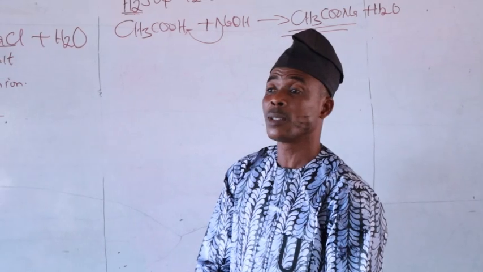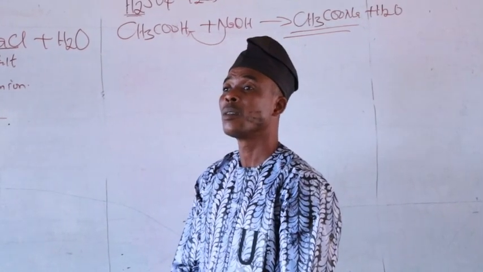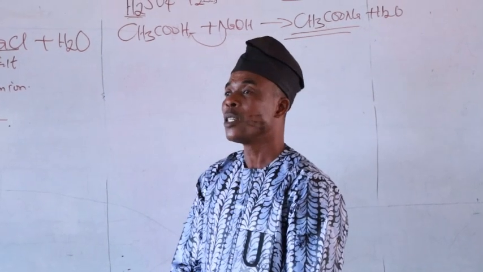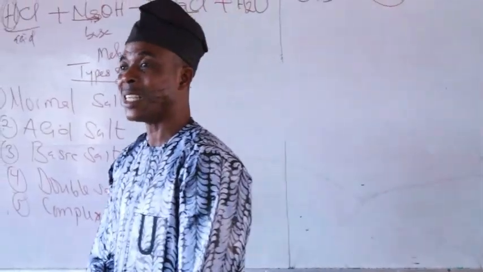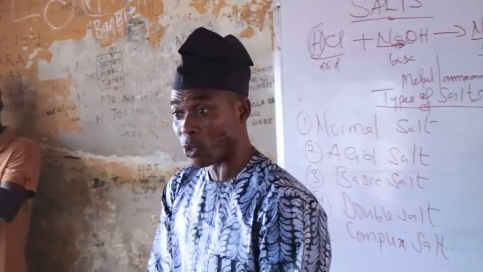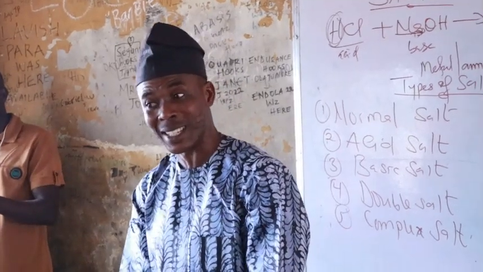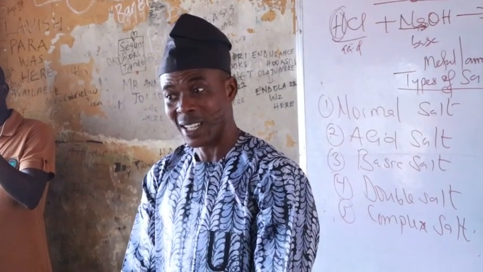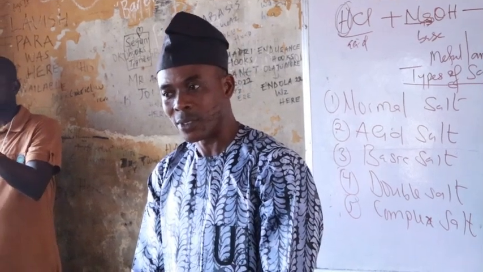You want to ask questions? Is ammonium chloride a normal salt? Ammonium chloride. You see, when you have ammonium chloride on its own, it's supposed to be a normal salt. But the solution of ammonium chloride is going to be acidic. It depends on what you are given.